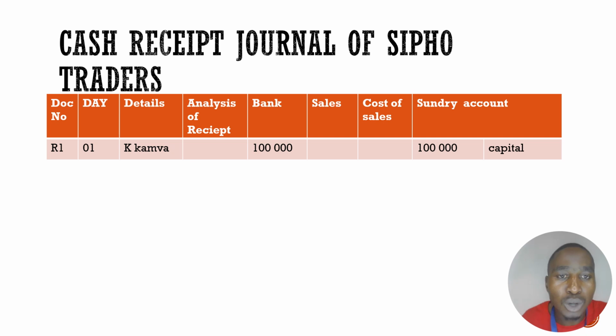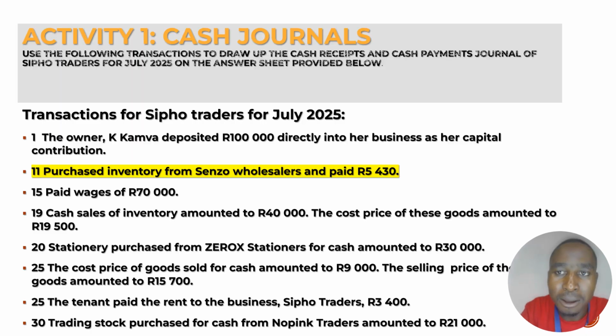Now let's go into transaction number two. We purchased inventory from Senzo Wholesalers and paid 5,430 on the 11th of July. Now, where will we record that transaction? That is the first question that you should ask yourself.